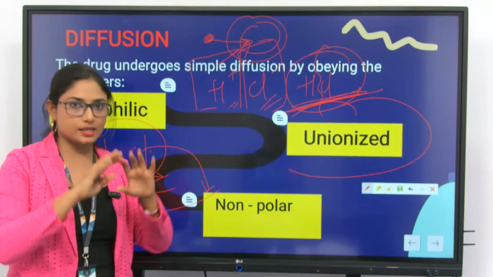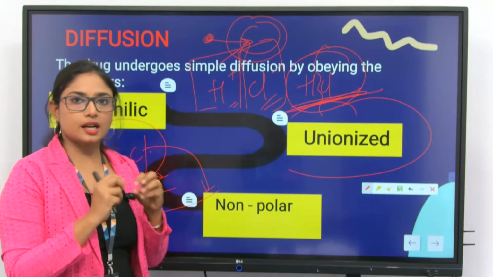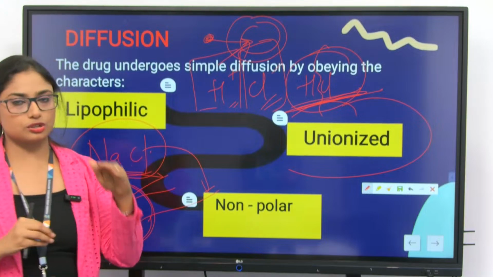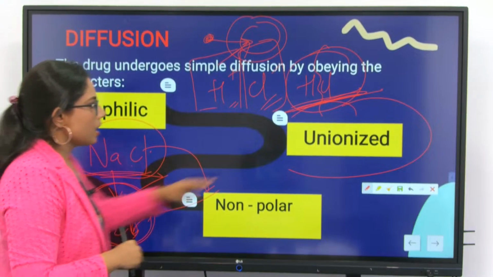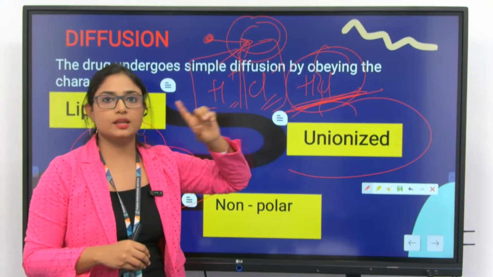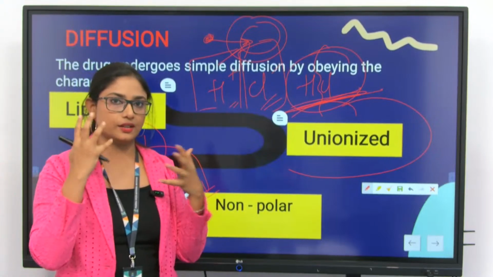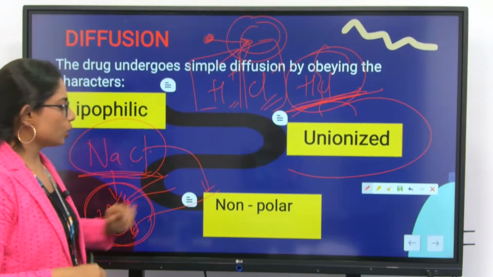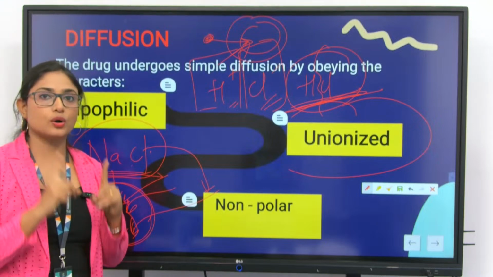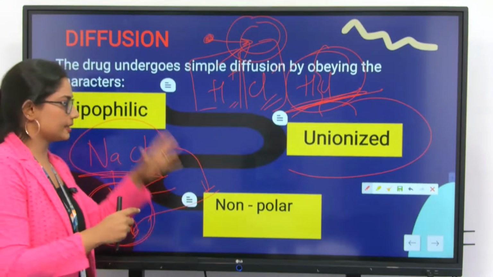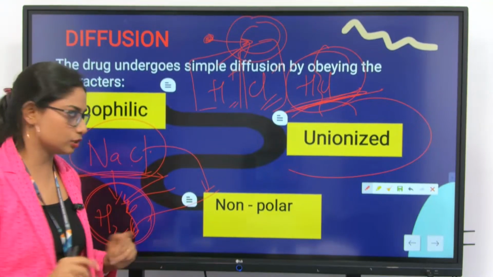As the cell membrane is made up of a lipid bilayer, the drug should be lipophilic enough to diffuse across the cell membrane. Unionized, it should be without charges. With charges, it finds it difficult to cross the gate. Non-polar, it should not form bonds with water. Simply put, it should not be hydrophilic in nature.